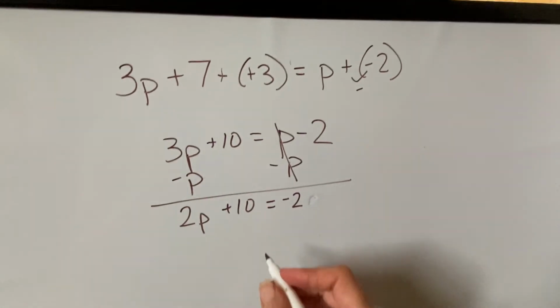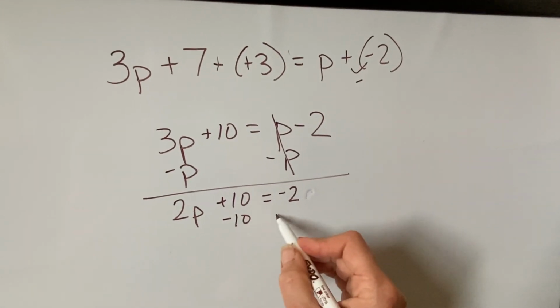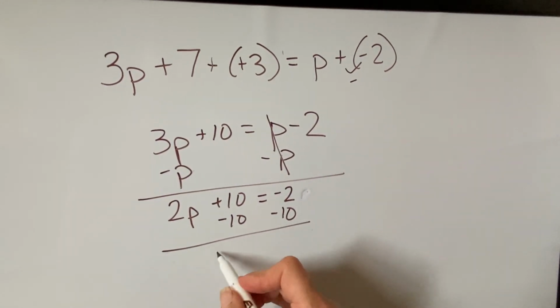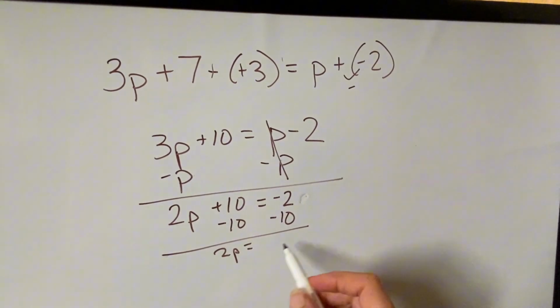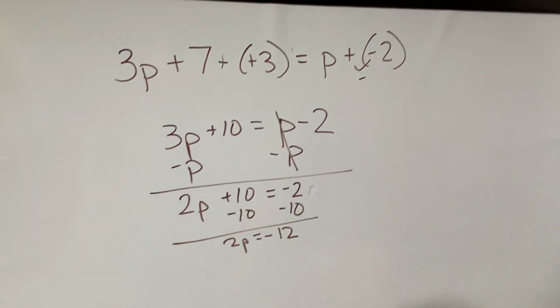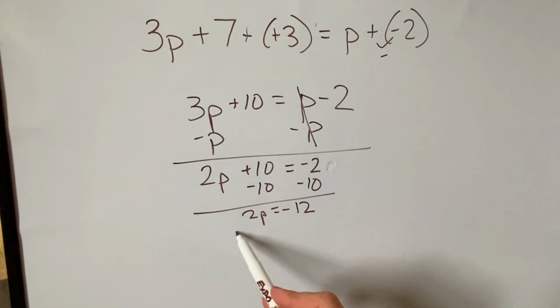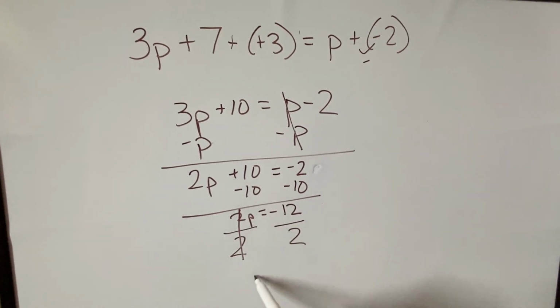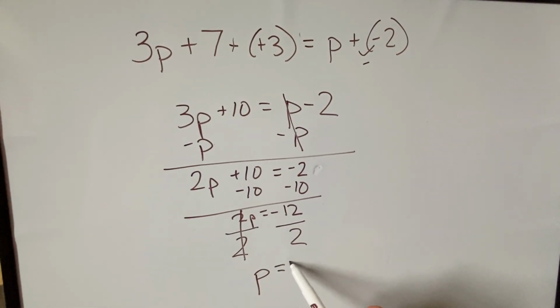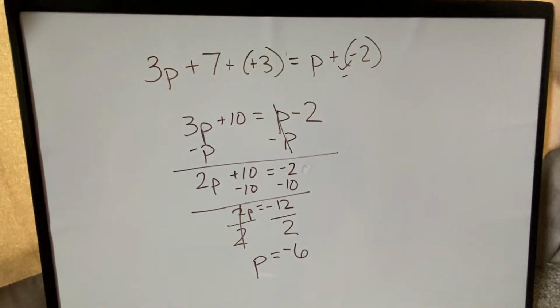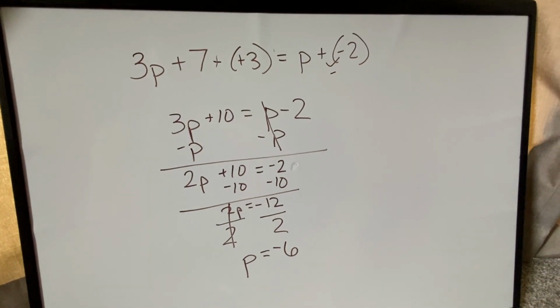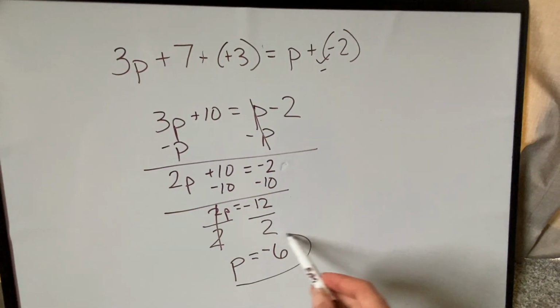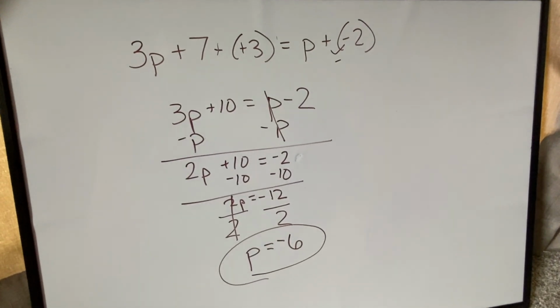Okay, now I need to subtract 10 from both sides because I want p to be by itself. 2p equals -12. And then we divide this by 2. P equals -6. So if you put -6 into your equation, you're going to get a statement that is true on both sides of the equation.